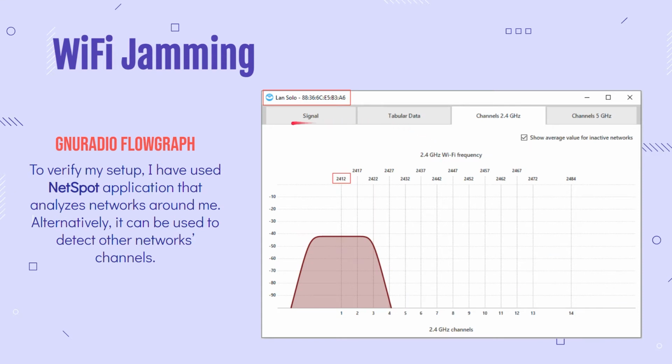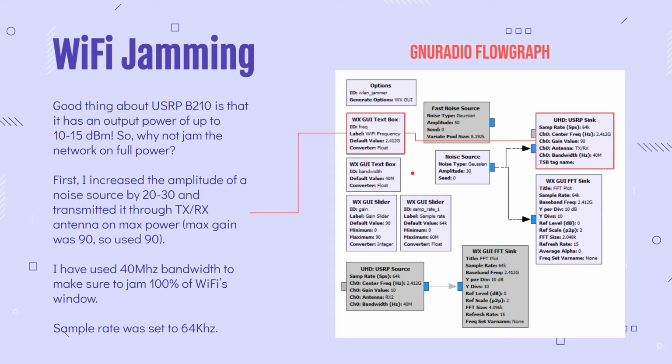After configuring my router, I used the NetSplit app to check that I've actually configured my Wi-Fi to the specs specified before. So speaking of GNU Radio flow graph, here the structure is pretty easy. I have a noise source.